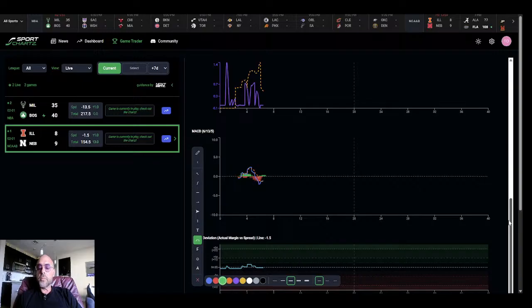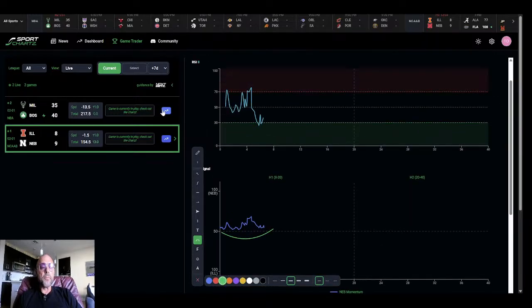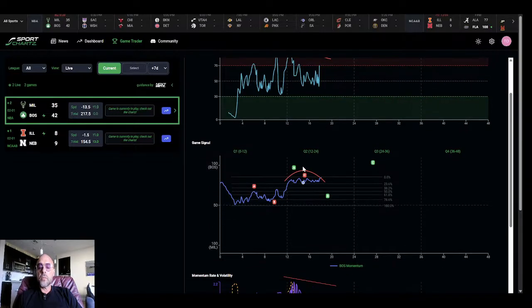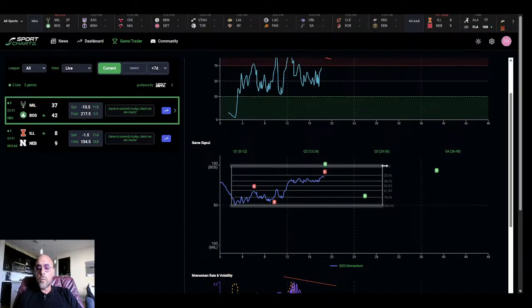MACD crossed up, nothing on there. Oh, all right. Oh, Boston went back ahead by 5. Okay. There we go. Let's see.